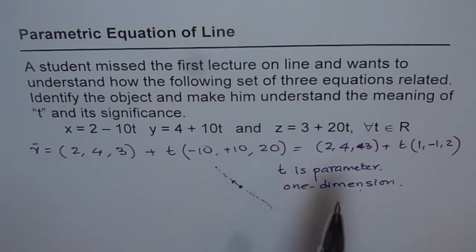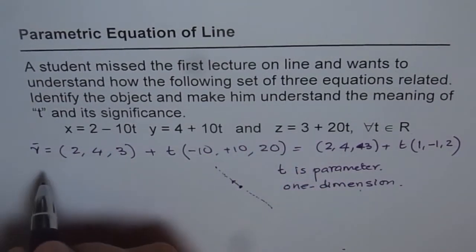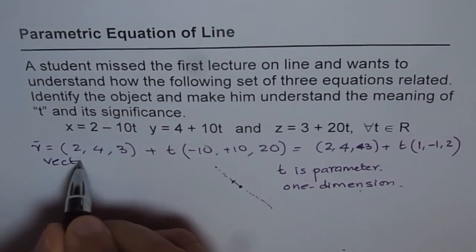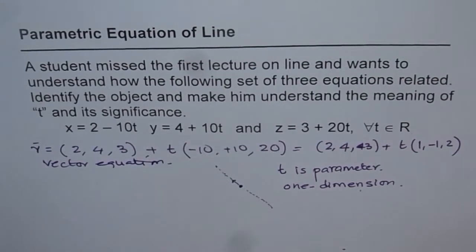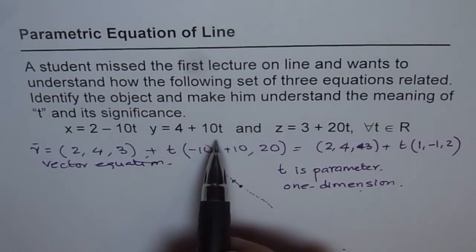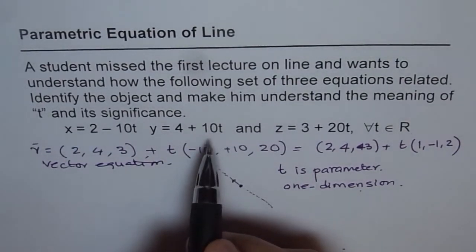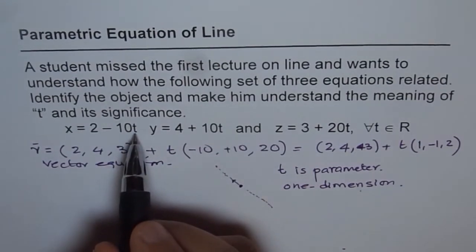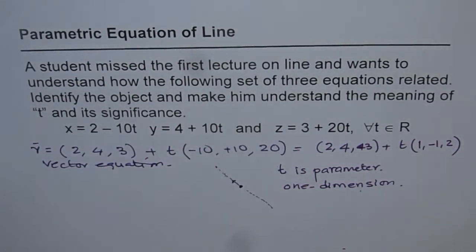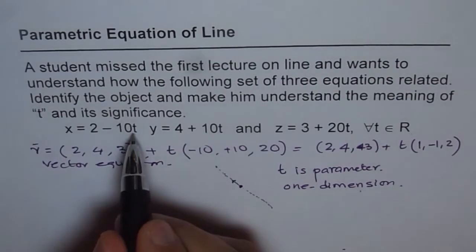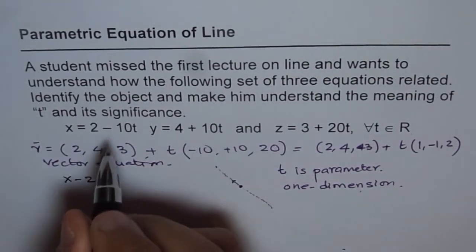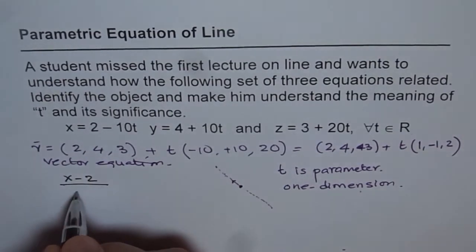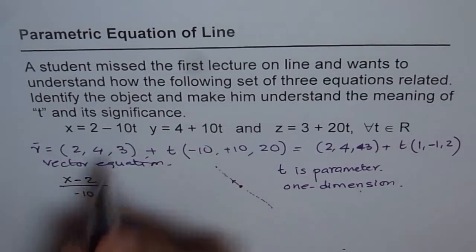Now we can actually translate it into different forms. The one which I have written here is called the vector equation. And we can also write this in symmetric form. The way to do it is like this: isolate t. So if you isolate t from here, you get x minus 2 divided by minus 10, and that is t, right?